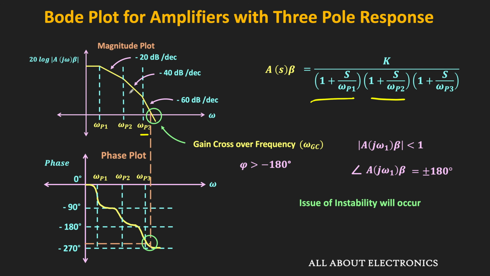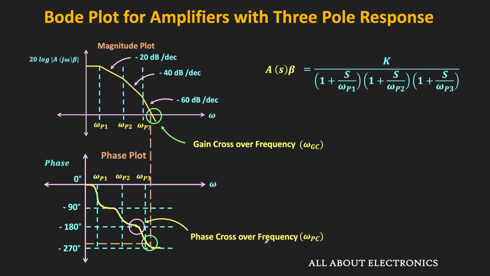In the phase plot, the frequency at which the phase reaches minus 180 degree is known as the phase crossover frequency. That means for stability, the gain crossover frequency of the feedback amplifier should be less than the phase crossover frequency. Because if this condition is followed, then at the phase crossover frequency, the magnitude of A beta will be less than 1.